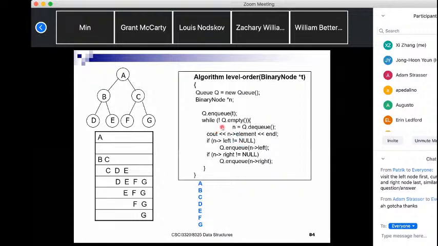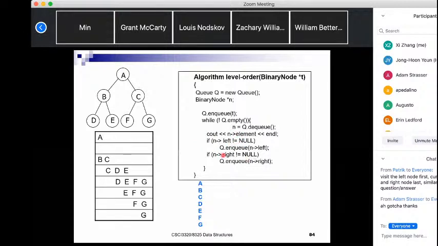So here I will repeat that until the queue is empty, and then the new node will be the dequeued one. So that will be the one we need to print. I'm going to print the element to the standard output, and then include t left into the queue. If t right is not null, I put that into the queue.